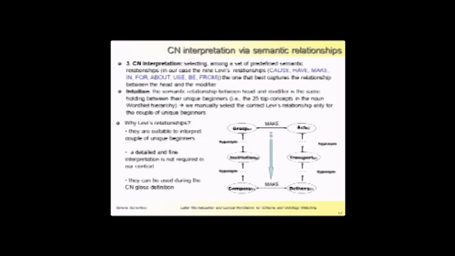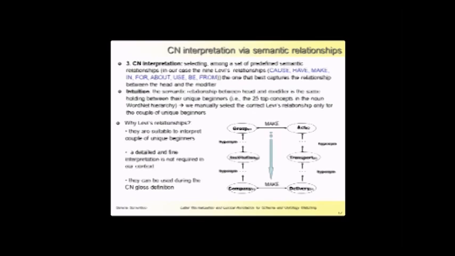The third step is the step of compound noun interpretation, that is the selection, among a set of predefined semantic relationships, which in our case are the nine semantic relationships proposed by Levi, of the ones that best represent the relationship between the head and the modifier.